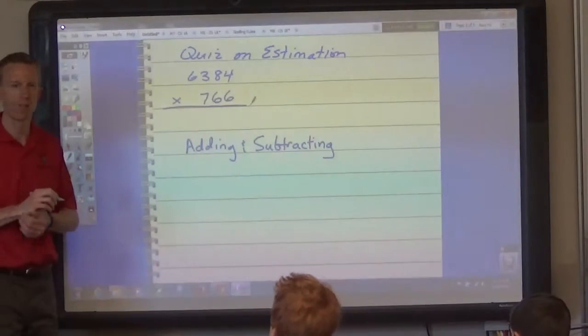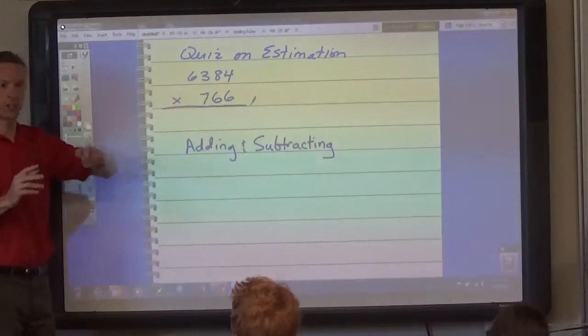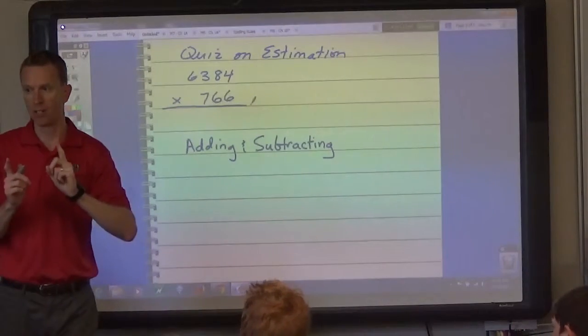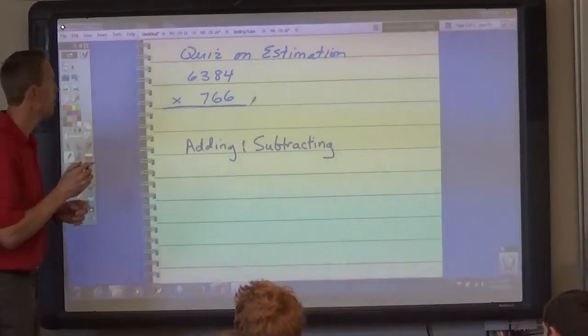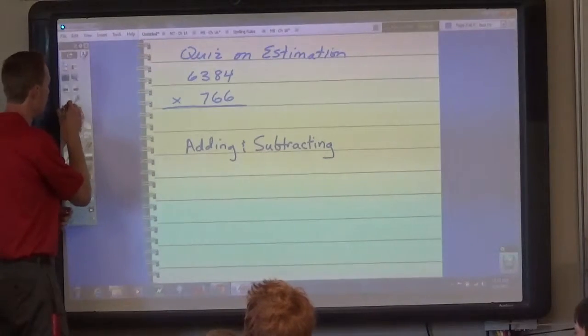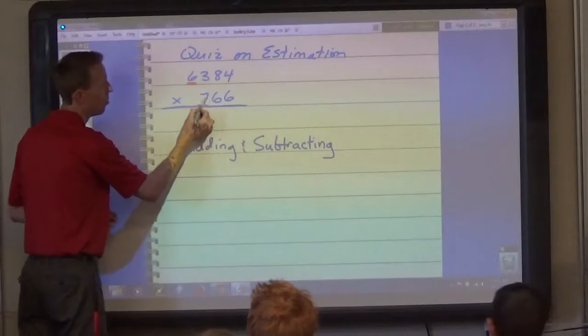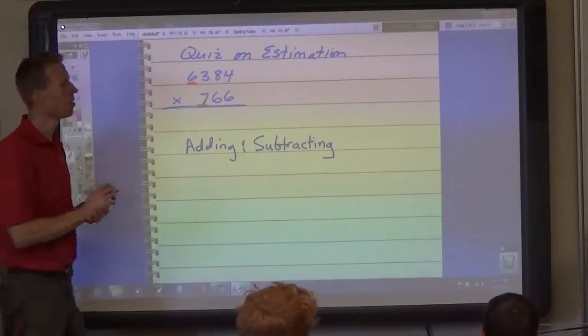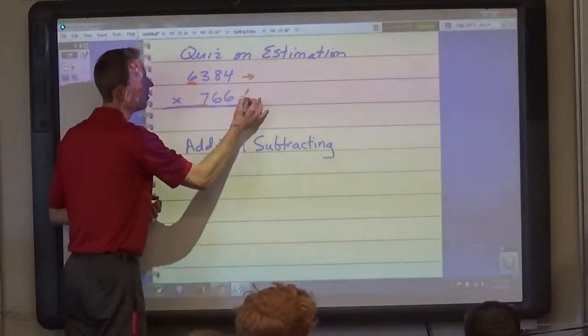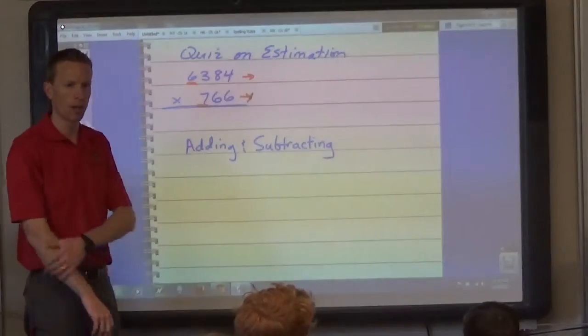Okay? For multiplication, we want to just do 1-digit multiplication. All right? So keep one digit and use 1-digit front end for each number. So round these to a simple multiplication problem.